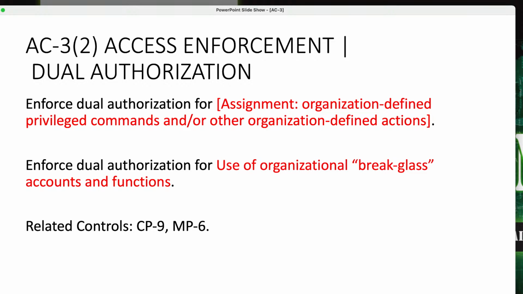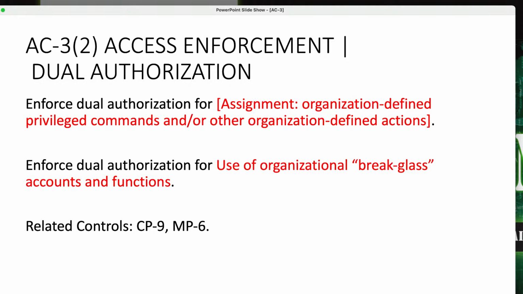So here's what the control itself looks like. Enforce dual authorization for, and here's our organizationally defined variable, an assignment, organization-defined privileged commands and/or other organization-defined actions. For my fictitious example, I said enforce dual authorization for the use of organizational break glass accounts and functions, right?